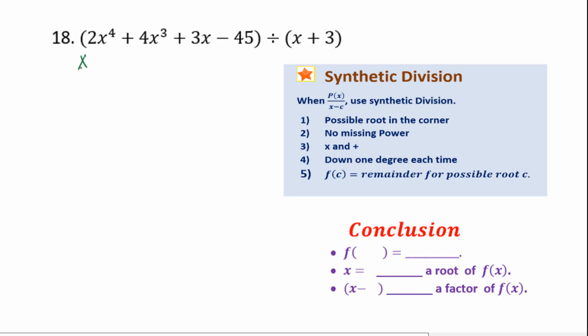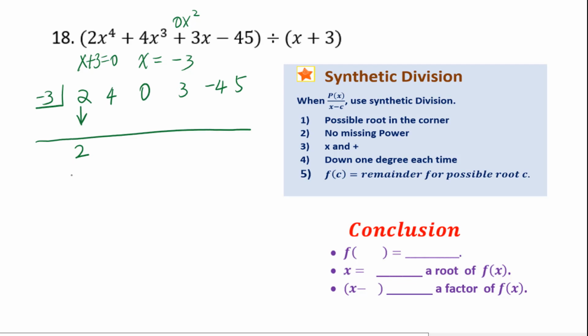Root in the corner. X plus 3 equals 0, x equals negative 3. No missing power. X to the fourth, third, we need a 0x squared here. So the coefficients will be 2, 4, 0, 3, negative 45. Multiply and add.